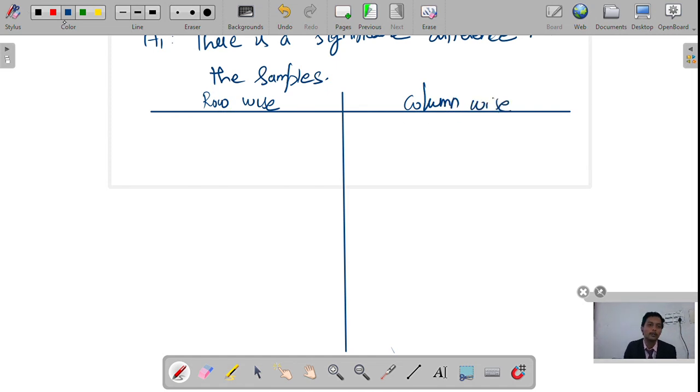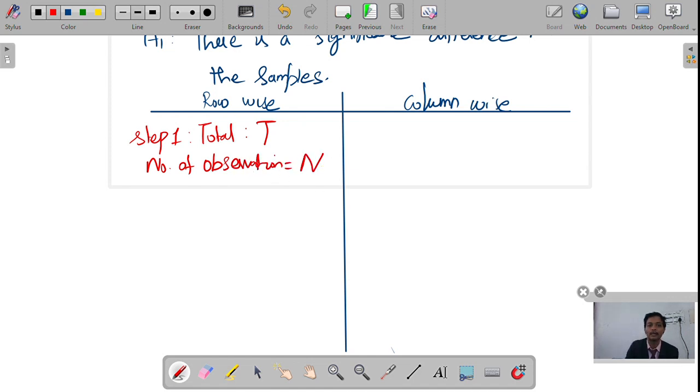Step 1: we need to find the total, denoted T, and the number of observations as capital N. The same case here.